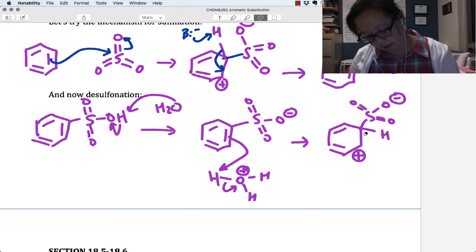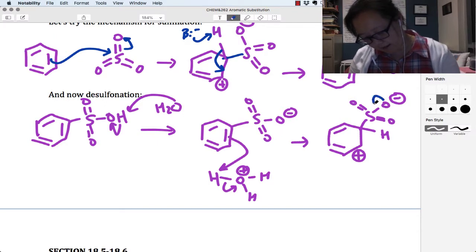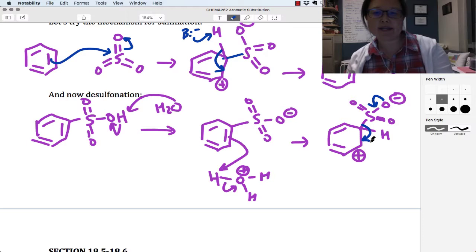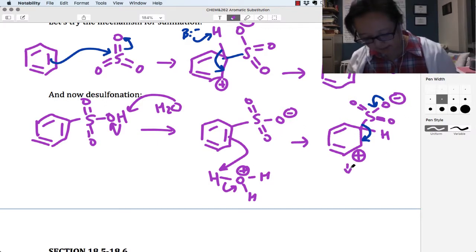I could put it here or I could put it here. But if I put it here, and the reason why I did that was because I could actually have this come in here and break and regenerate the aromaticity that way. So that allows me to regenerate the SO3 from the fuming sulfuric acid. And then I'll end up with benzene by itself.